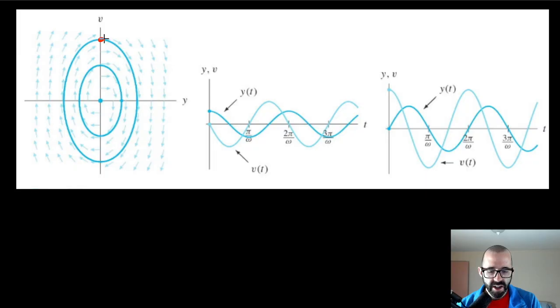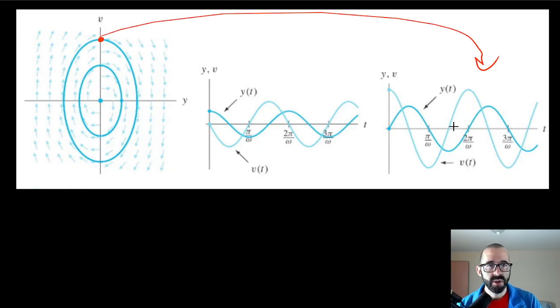And you can see different solutions. This starting value corresponds to this graph. Again, you can see they have the same period, that period of 2 pi over omega, just like we said. And again, the natural frequency will be the reciprocal of that.